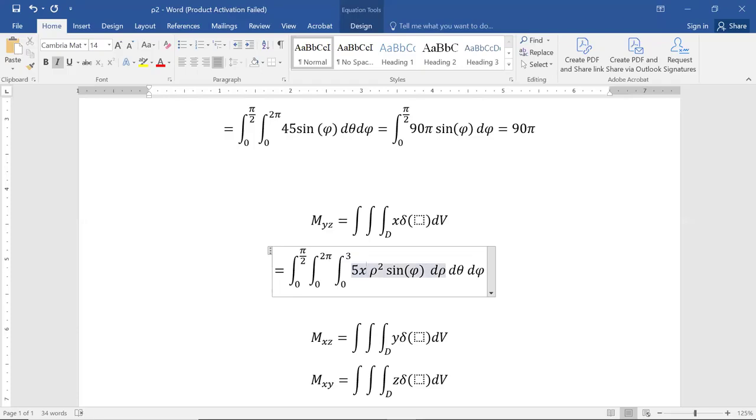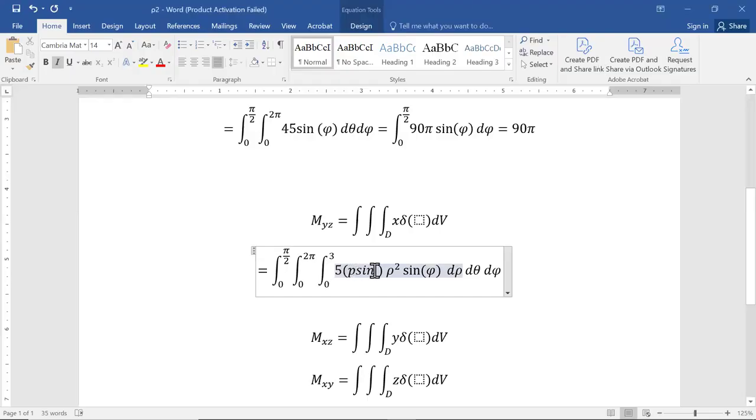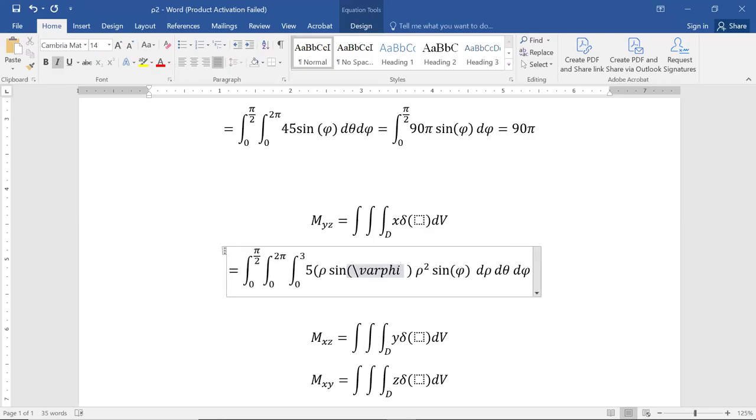Now we can't just insert the variable x because x is a rectangular coordinate, but from earlier, we saw that x can be written as rho multiplied times sine of phi multiplied times cosine of theta.